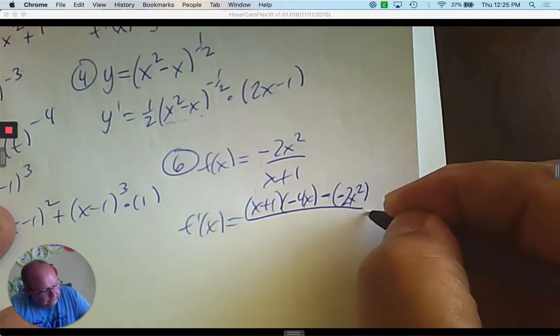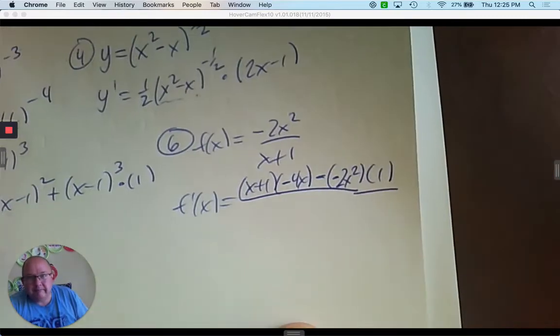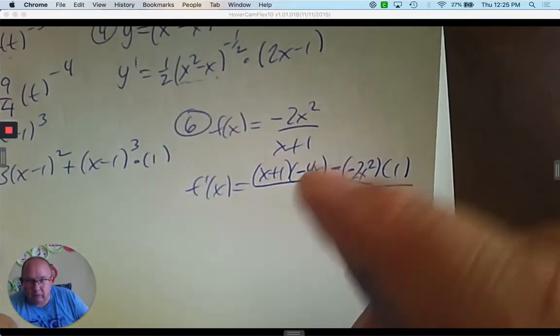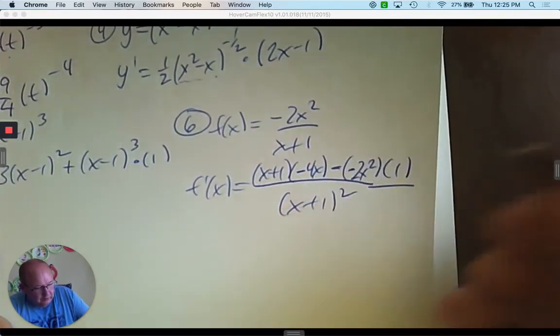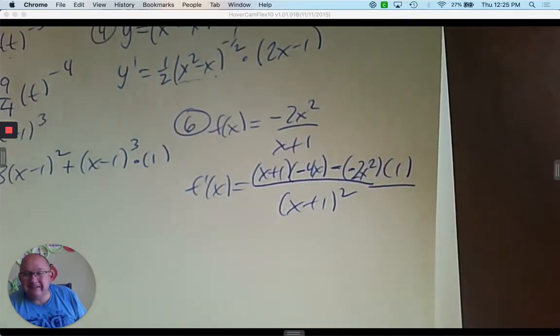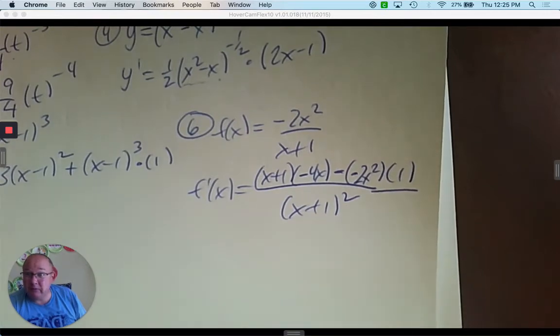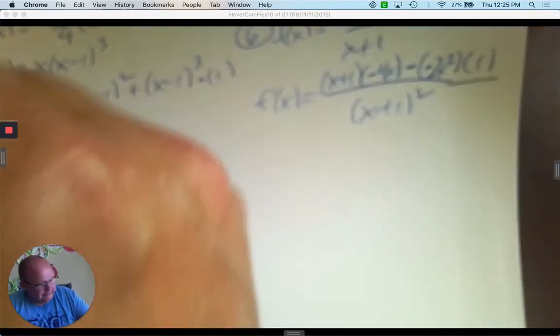The signs matter. Now, I don't need a 1, but it's there, just to hold the place so you can see the form of the formula. And then the bottom squared. All right, were you able to do that without me doing it first for you? That's the goal, right? Number 7.